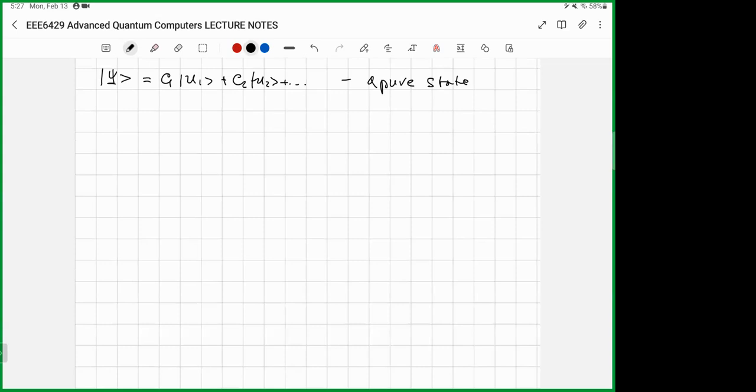So let's consider systems that are not described by a single psi vector.